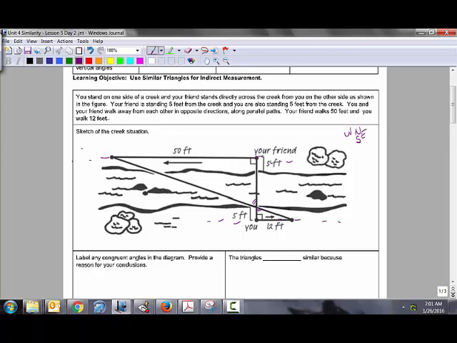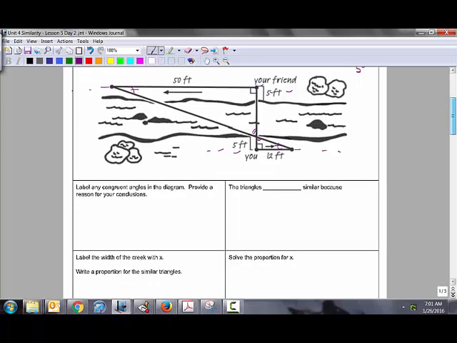So we have congruent alternate interior angles. So like the picture yesterday, we can conclude that these triangles are similar because of the angle similarity theorem.